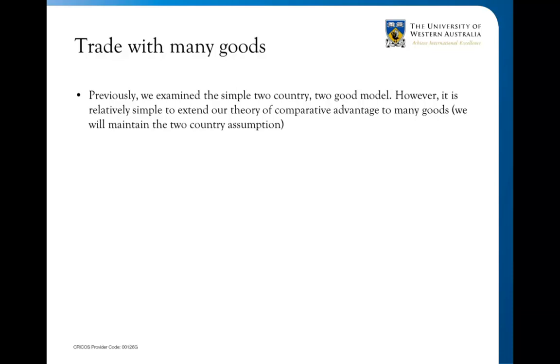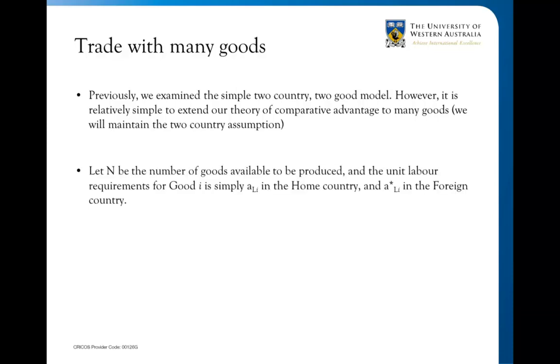All right, so we're going to expand this to look at comparative advantage, still keeping two countries. We're just going to say, let n equal the number of goods available, and the unit labour requirements for the ith good is simply a_Li in the home country and a*_Li in the foreign country.